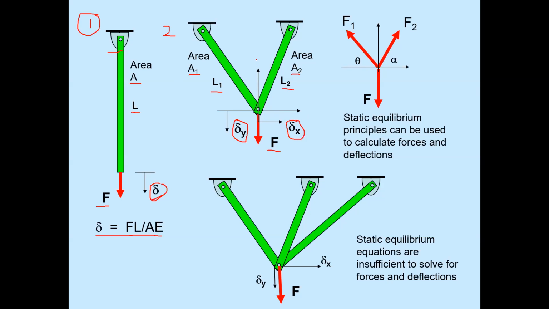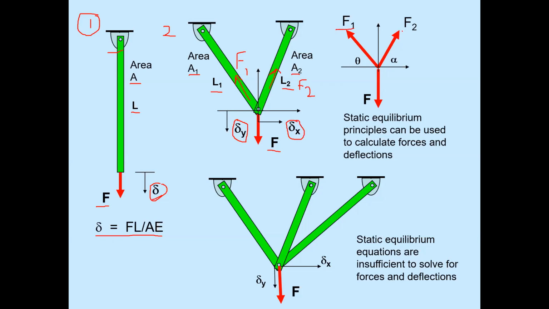Now, how will we solve this system of equations? We can say that the force in this first member is F1, and the force in this second member is F2. Here a better graphical representation is given.